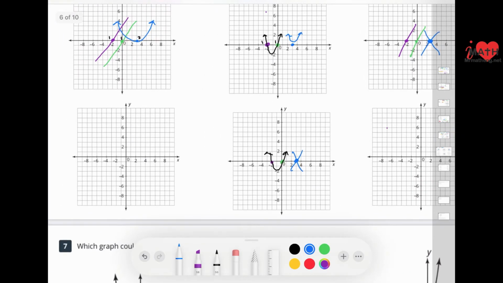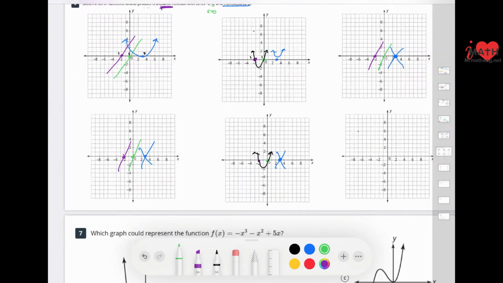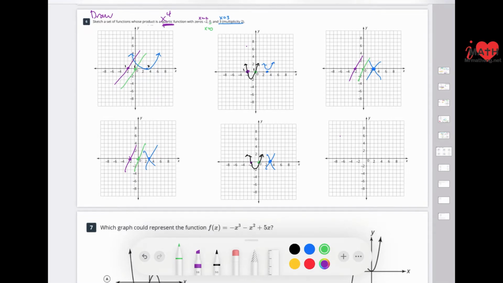Or you can just have 4 linears, right? 1, 2, 3, and 4. Oh, I already did that over there. So that's redundant. So a bunch of combinations, you can choose one of those.